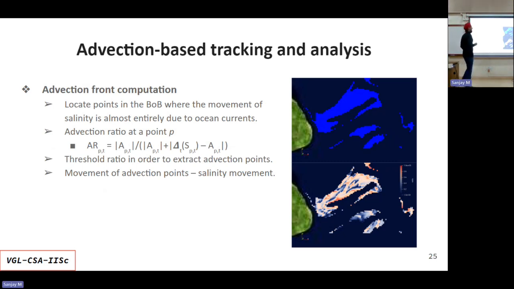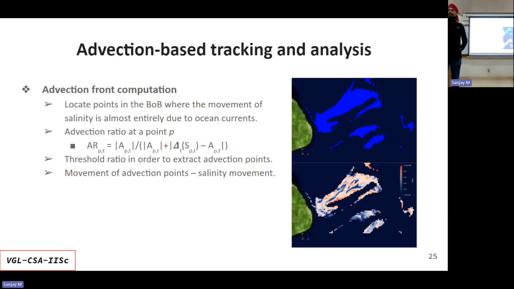We again take that 35 plus or minus epsilon isovolume on each depth slice, and we calculate advection for it. Then we calculate something we call the advection ratio, which is the ratio of advection to the total movement in salinity. For total movement we want an absolute value, not the resultant value.